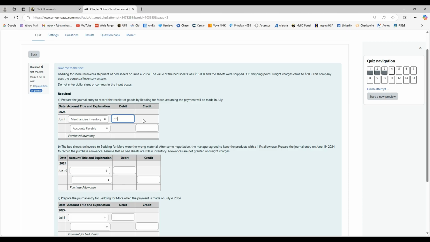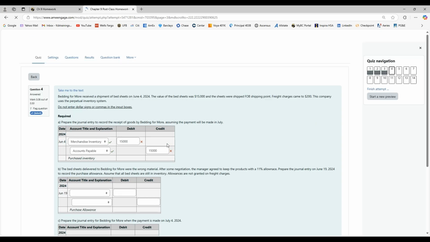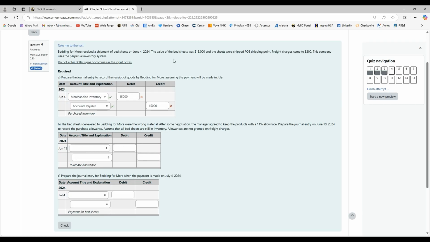Okay, so back to the problem here. We bought the inventory, so $15,000, and again we have payables associated with the amount to record. Oh, I'm sorry, we got to include our freight charges too. So we had freight as well. Oh, not 12,500, 15,200.